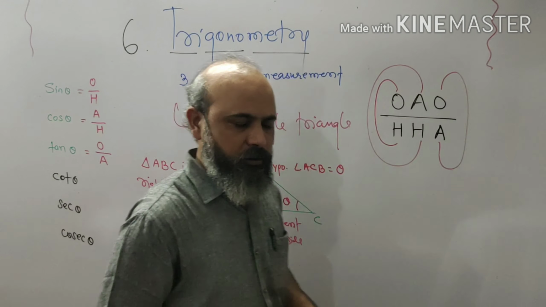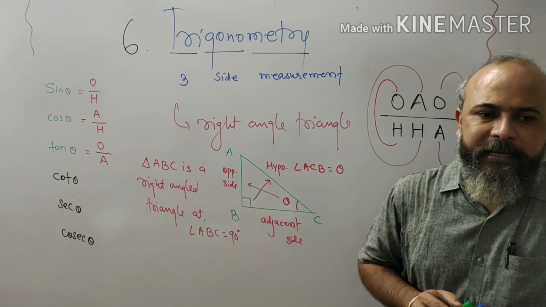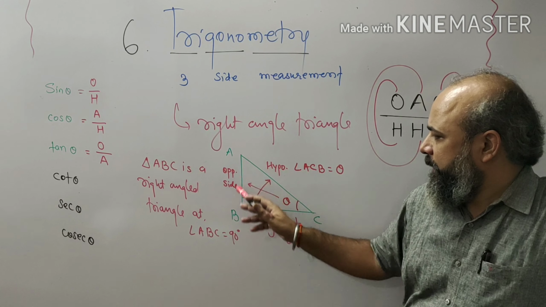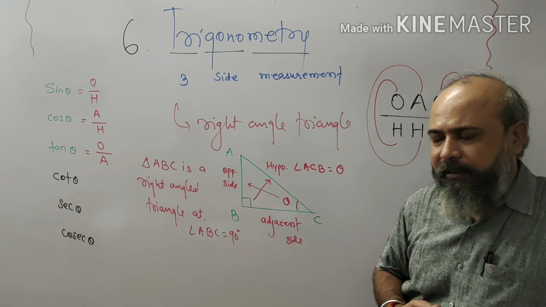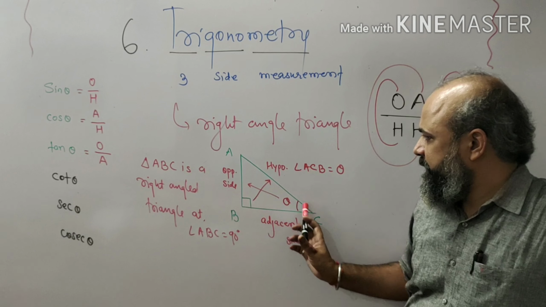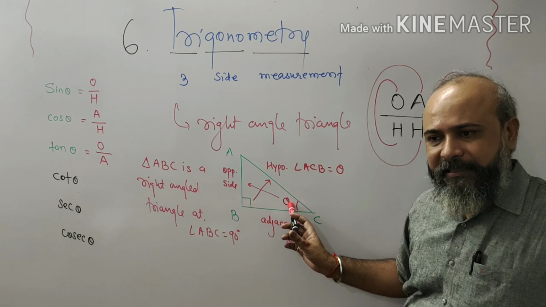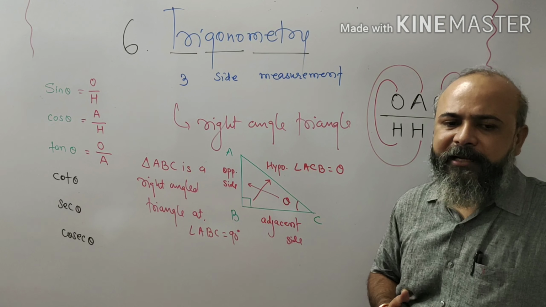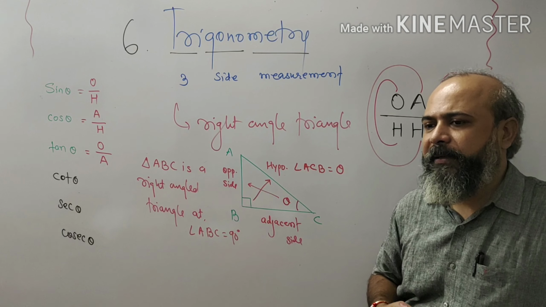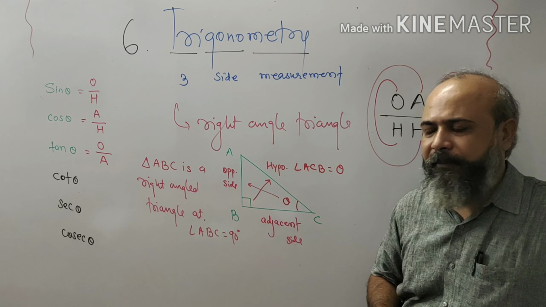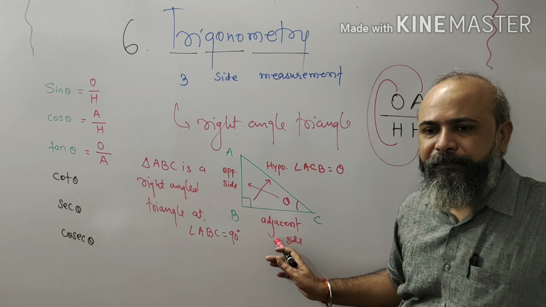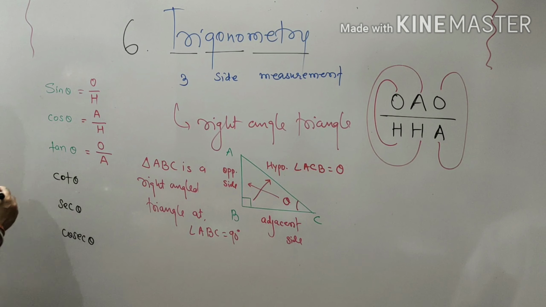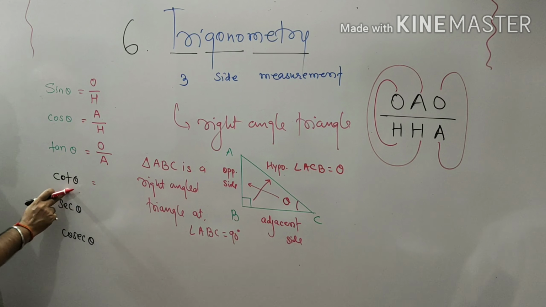So if you know triangle ABC is a right angle triangle and angle BCA is theta, you can confirm which side is opposite, which is hypotenuse, and which is adjacent.